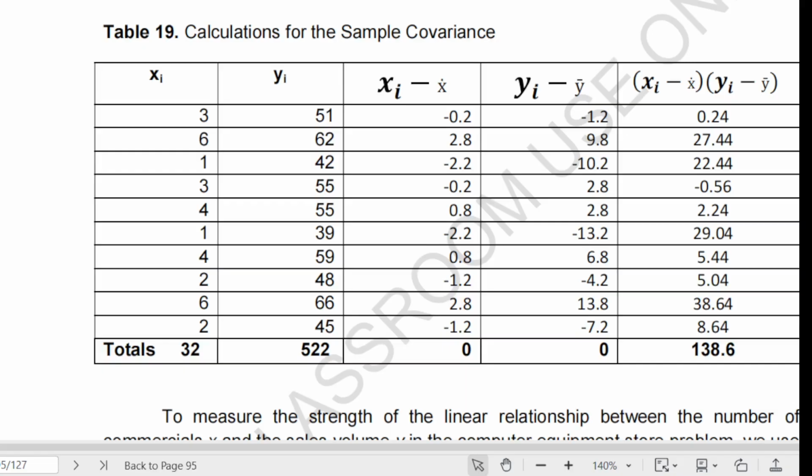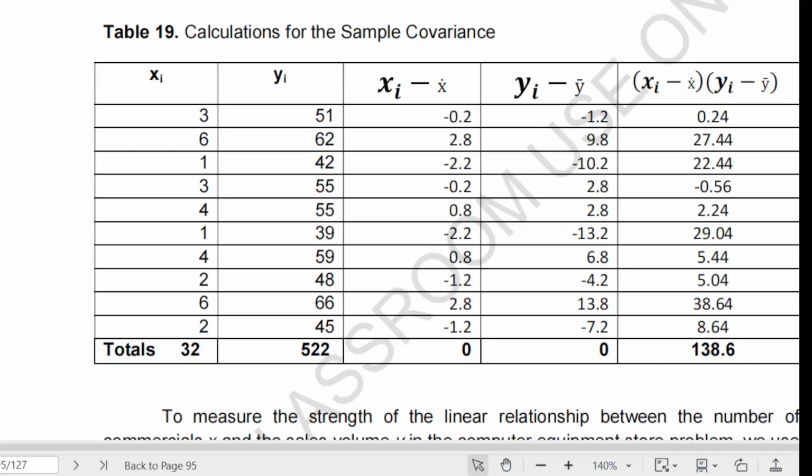After that, you multiply negative 0.2 by negative 1.2, which is 0.24. Then 2.8 times 9.8 is 27.44. Negative 2.2 times negative 10.2 is positive 22.44. Negative 0.2 times 2.8 equals negative 0.56. 0.8 times 2.8 equals 2.24. Negative 2.2 times negative 13.2 is 29.04. 0.8 times 6.8 is 5.44.